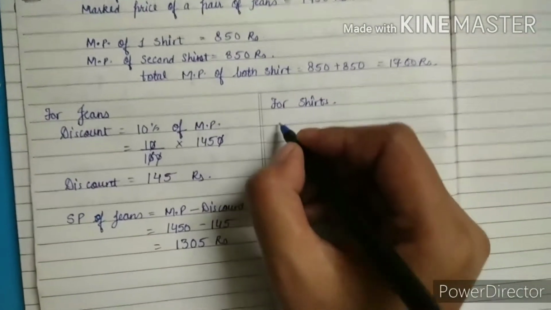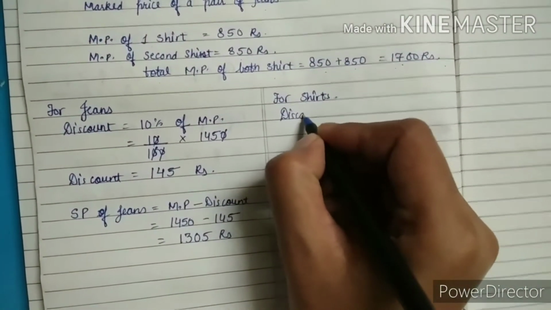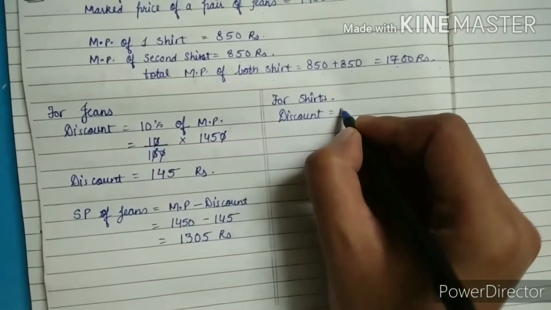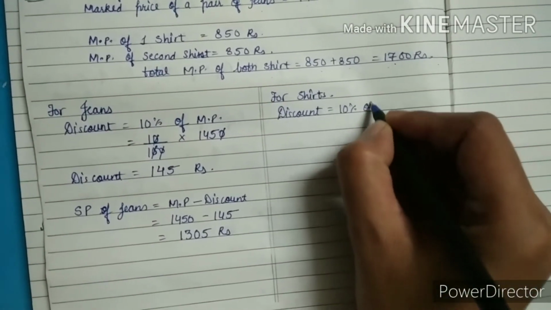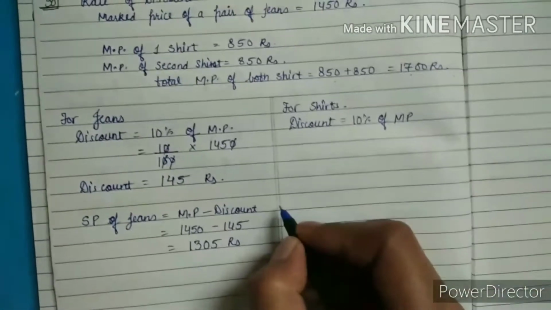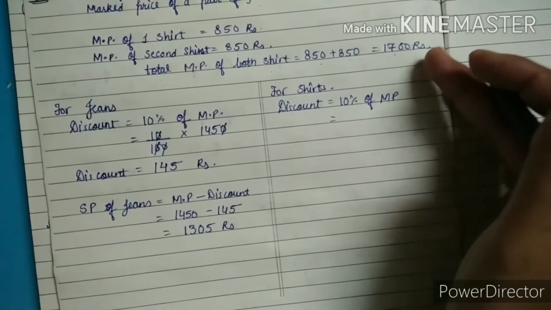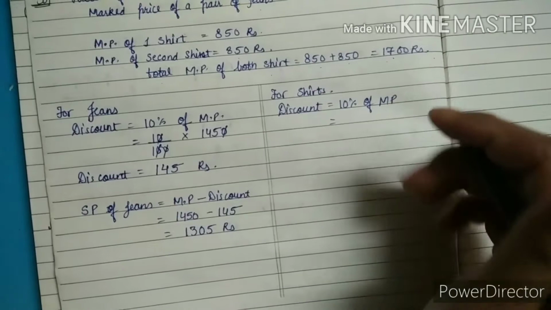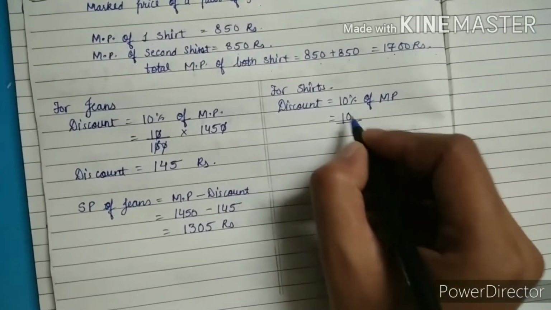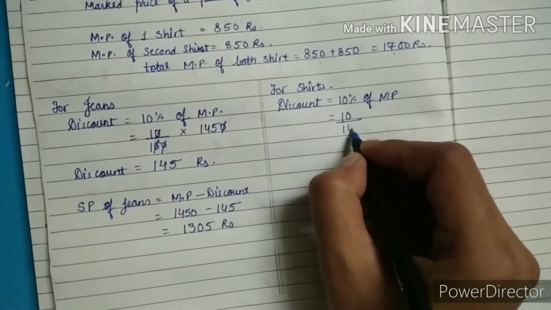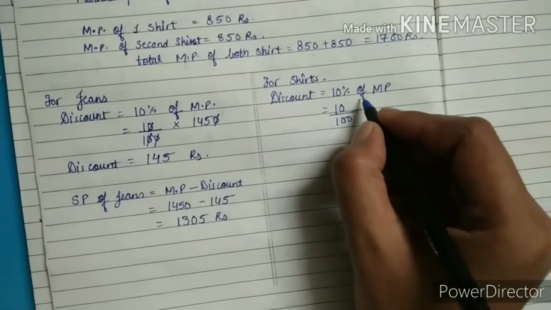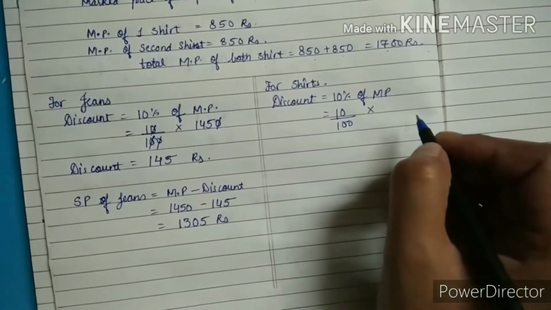Same as for the shirts, we will find the discount, because on the shirts we also get a discount of 10% of the marked price. Here we will not do it separately. Here we will take the total marked price of both shirts. When we remove the percent sign, 100 will come on the downside. In place of "of" we have to put multiply.